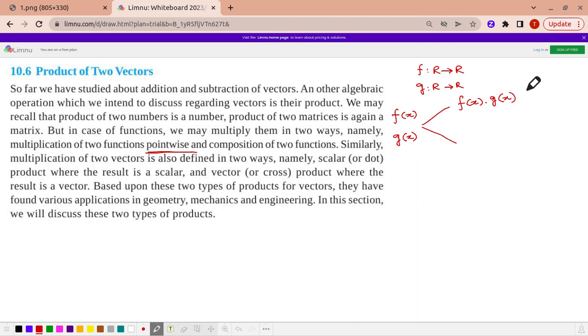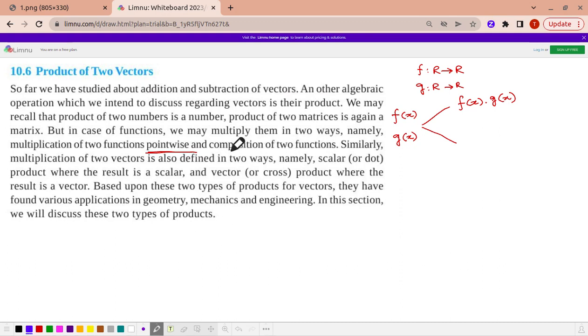For x equal to 2, you get a value f(2) that is a real number, and you get g(2), which is also a real number. So when you multiply f(2) into g(2), you get another real number. So that is pointwise. Now the second one is the composition of functions.